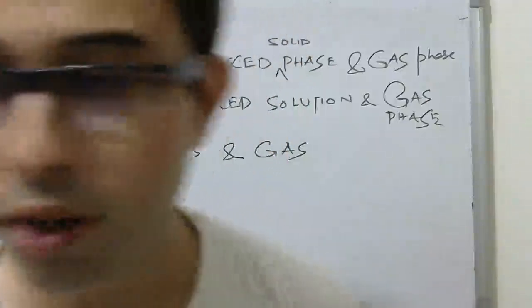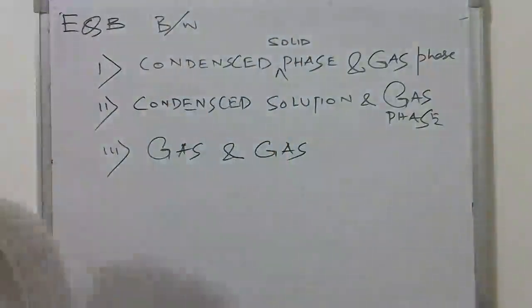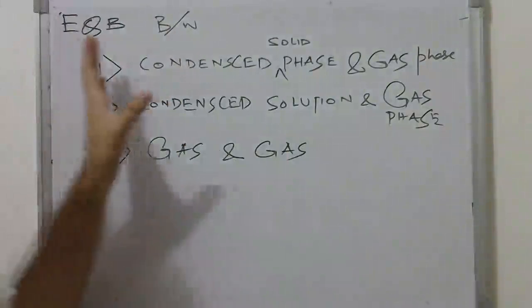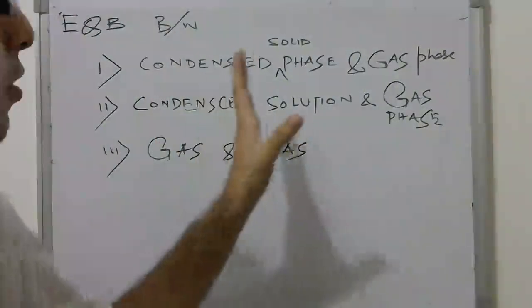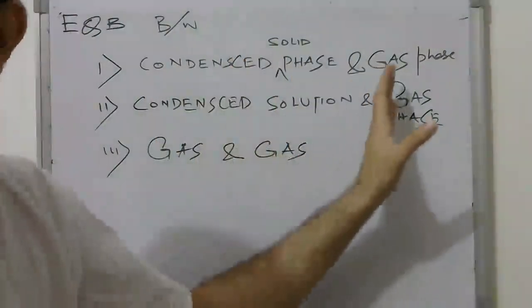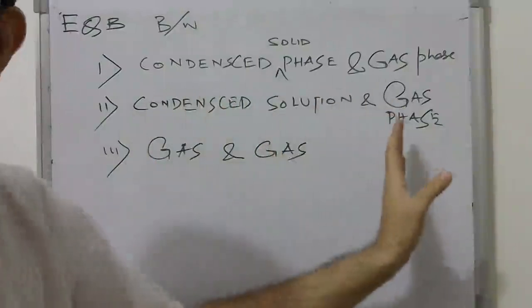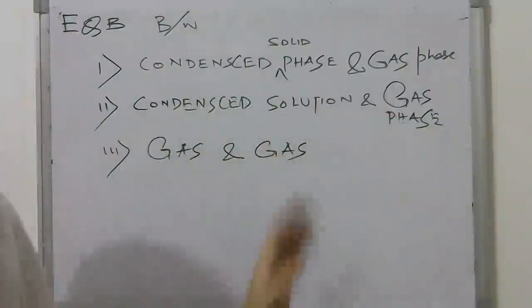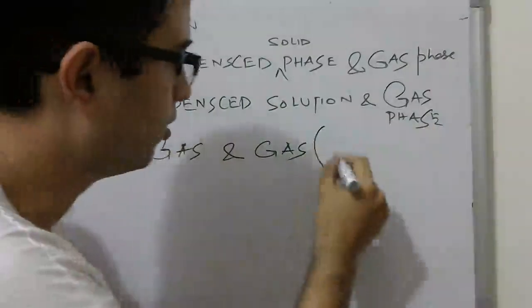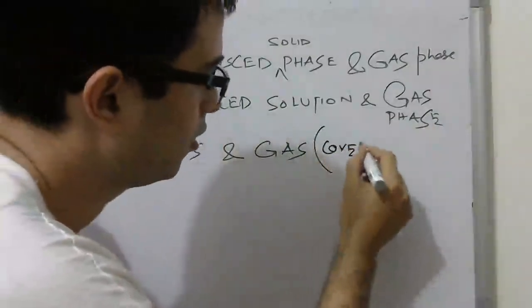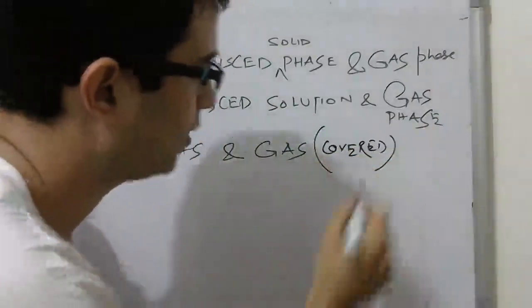So let's go to the board again. Today's discussion is about equilibrium between a condensed solid phase and a gas phase, between a condensed solution and a gas phase, and between gas and gas. This I have already covered, so you know how to do the free energy calculation.